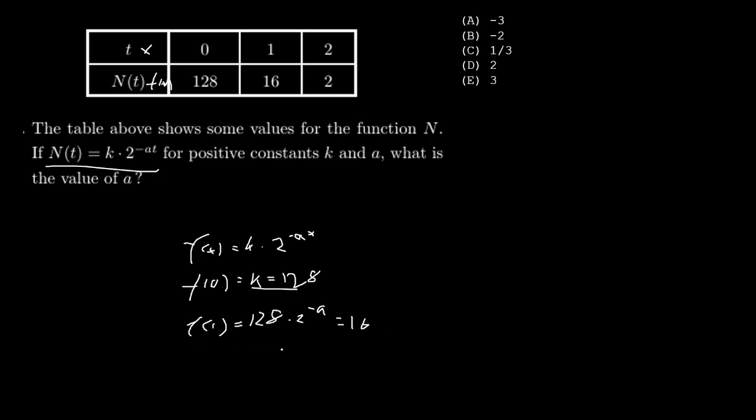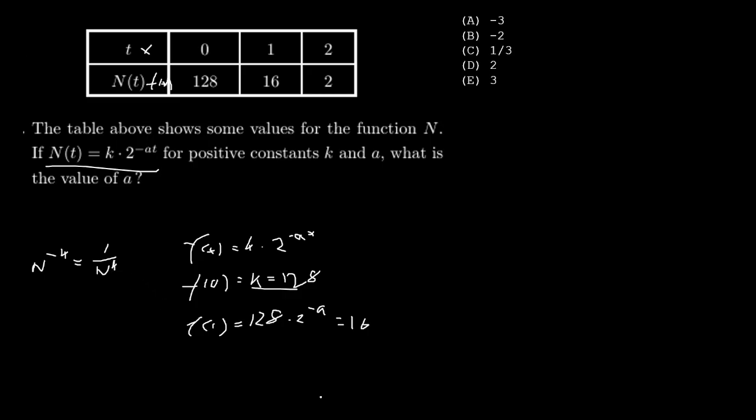So we can actually just solve this. Well, we have to remember that 2 to the negative kth power would be equal to 1 over 2 to the kth power.